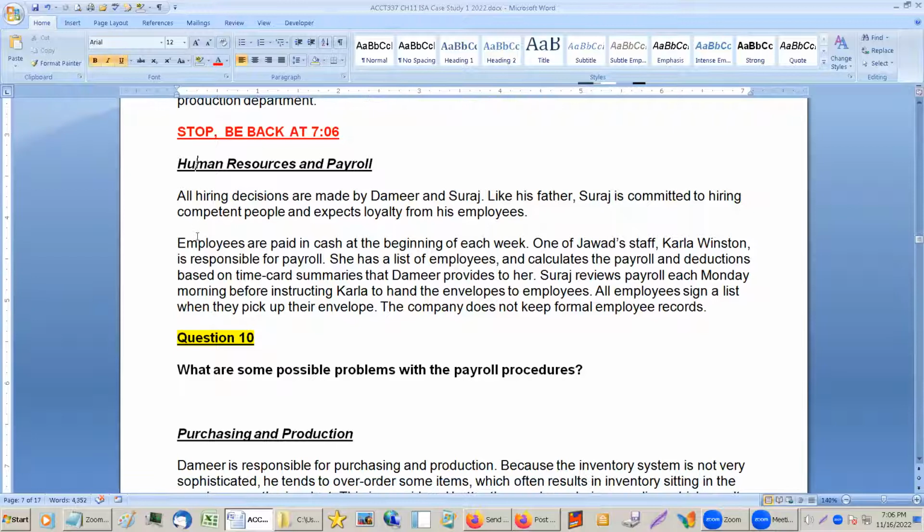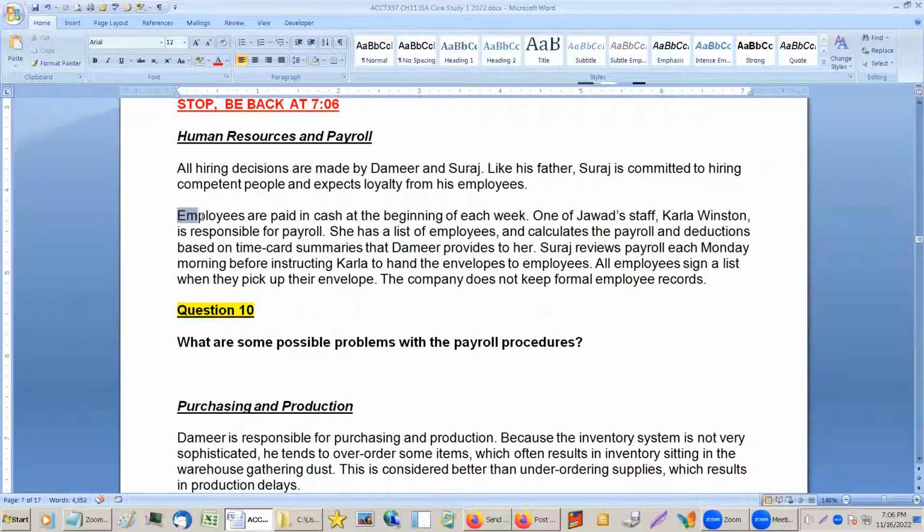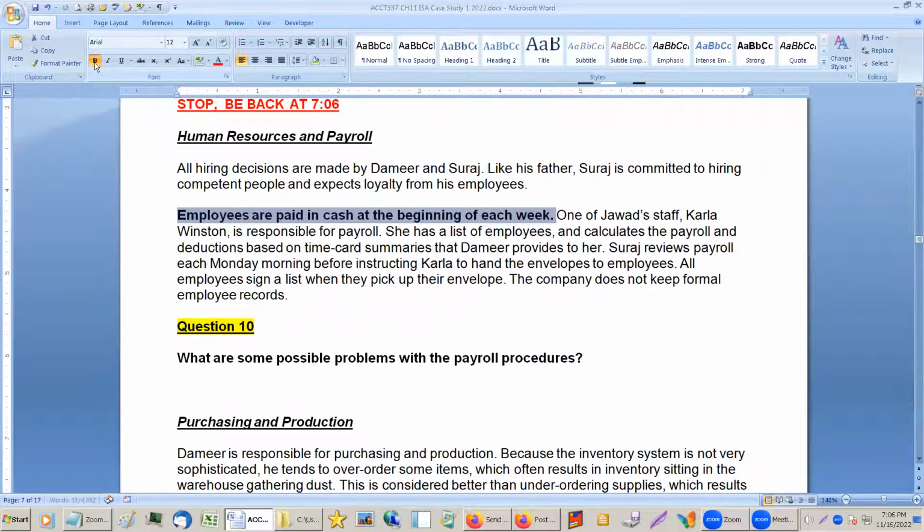Human resources and payroll. Employees are paid in cash at the beginning of each week.